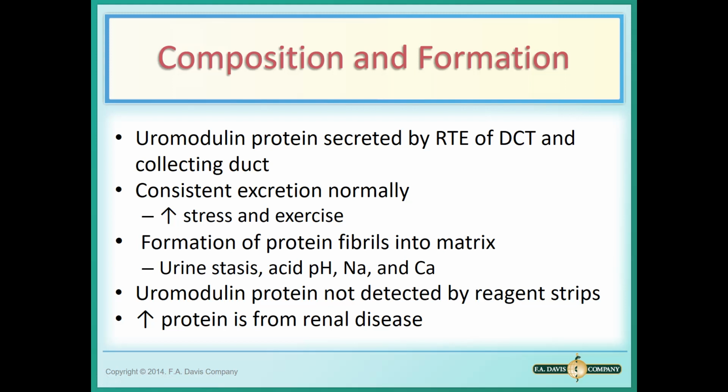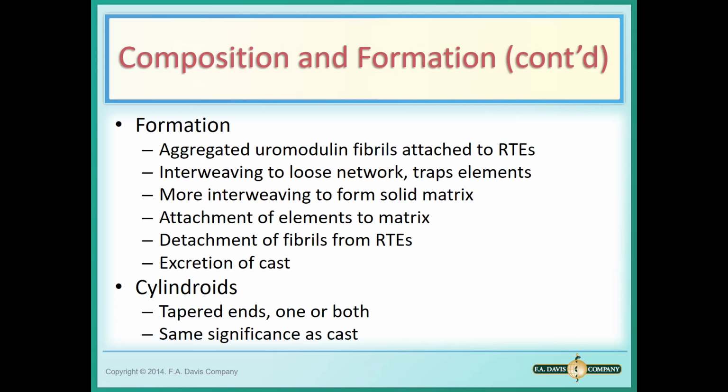Uromodulin by itself is not typically detected by reagent strips because it's a normal protein. But if we do see casts, it's typically because other proteins from kidney disease are also being shed into the urine. How do casts form? They form within this process. Uromodulin gets excreted from the renal tubular cells of the distal convoluted tubules or the collecting duct, and they start to attach to the renal tubular cells.